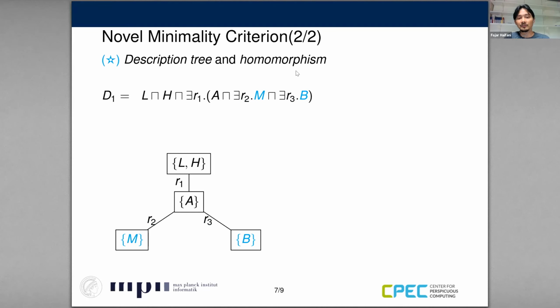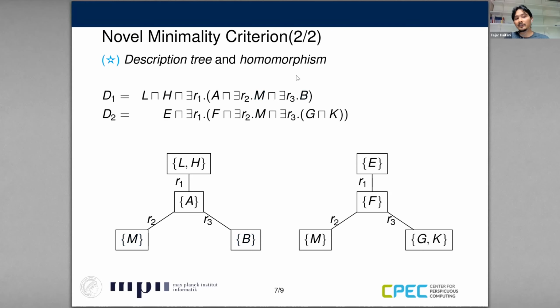And for the homomorphism, I actually need another description tree, so I put it on the right side here, and as you can see, it's almost the same structure except the labels. And basically, the homomorphism we mean here is something which connects the nodes such that it respects the labeling of the edges.